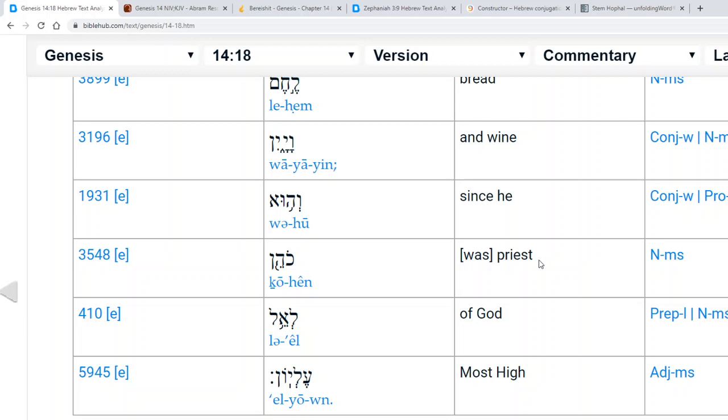That's not what I would do. I would say that kohen is the verb in the present participle, in the present tense. Vehu kohen le'El Elyon. He ministered. I would probably translate this, yeah, he ministered or served.